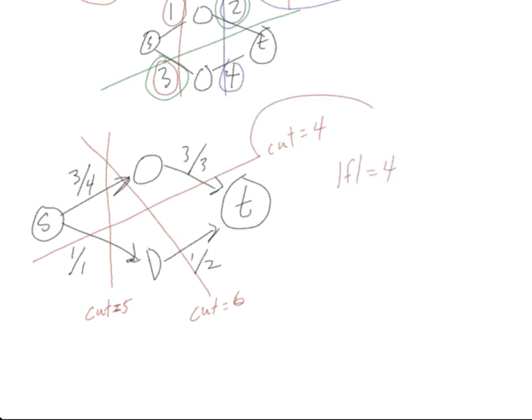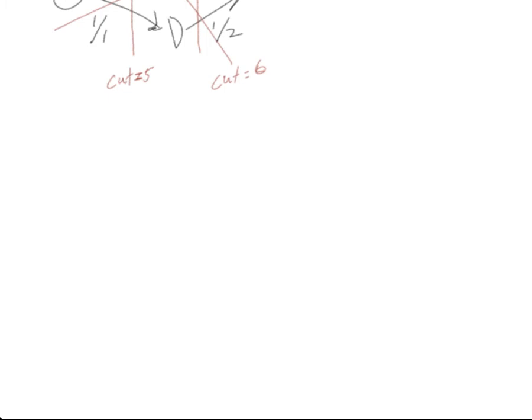So these are equal, and it turns out that this right here is the min cut. The only other possible cut on this graph is this one here, and that is equal to 5. So we find the min cut. One way we could do this is just to look at all possible cuts, but we'll see with the next example that that would be prohibitively expensive. We're going to need an algorithm to do it.